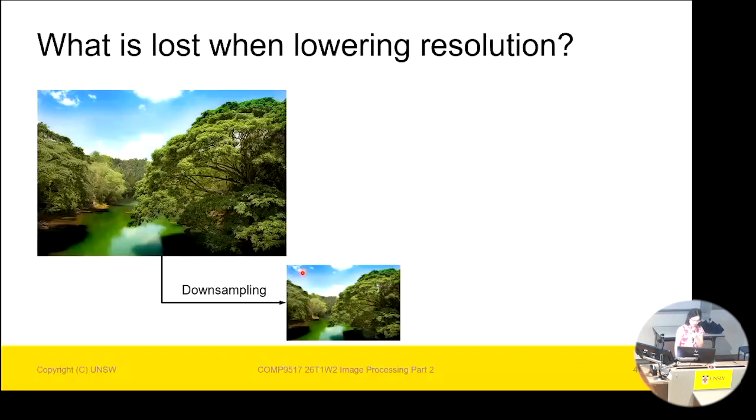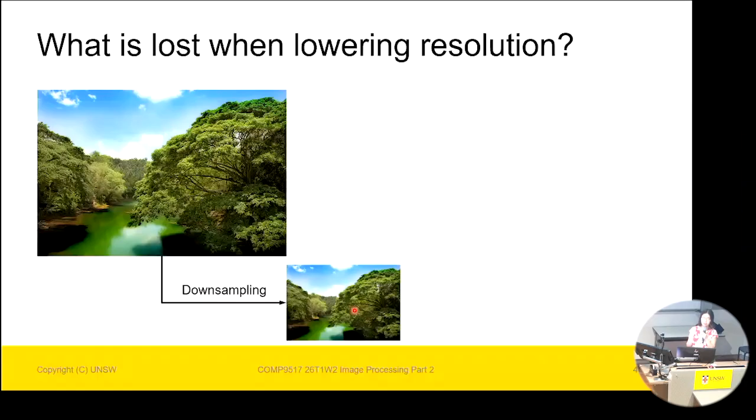We start with motivation. When we talk about frequency in the simplest term, or from an intuitive perspective, what are frequencies? If you have an input image, we can do downsampling. Downsampling means we just resize the image to, in this case, a quarter of the original image size.